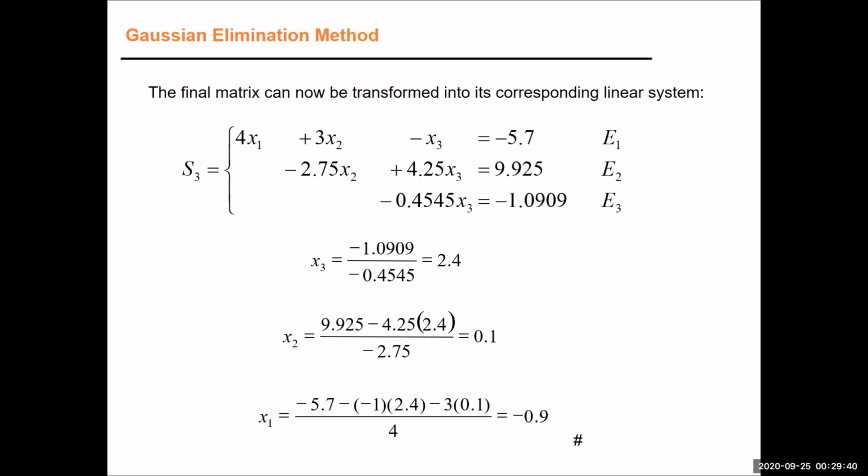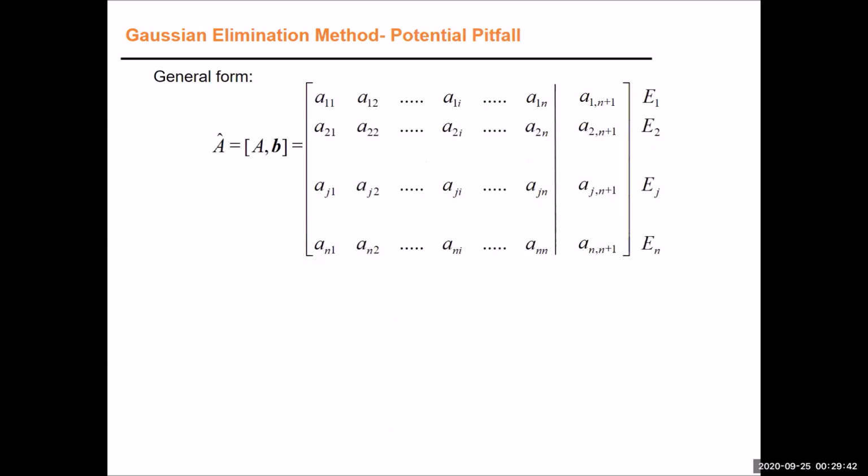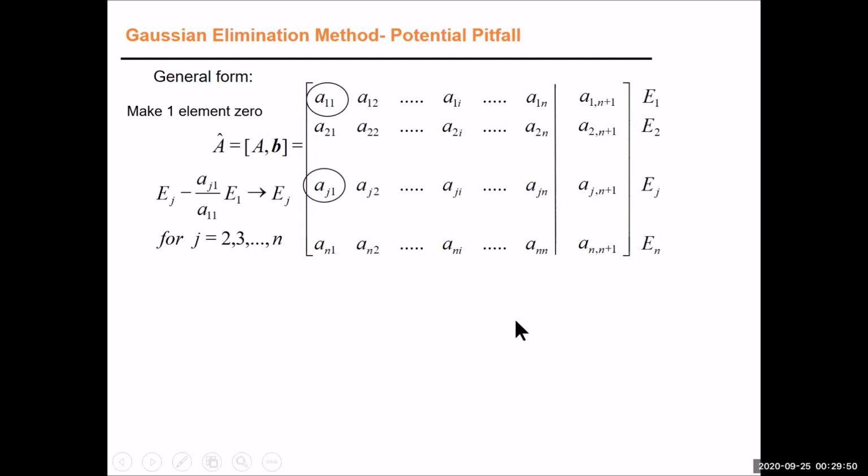So this is referring to the question one of you asked about the pivot element being 0. If you see here, this fraction, as we say, we need to divide the number that you want to make 0 by the pivot element. The pivot element is this element here. If this pivot element is 0, then you will have a problem, right?